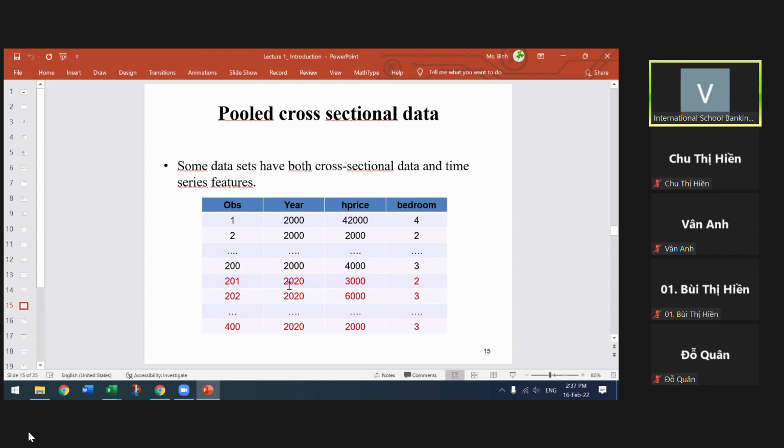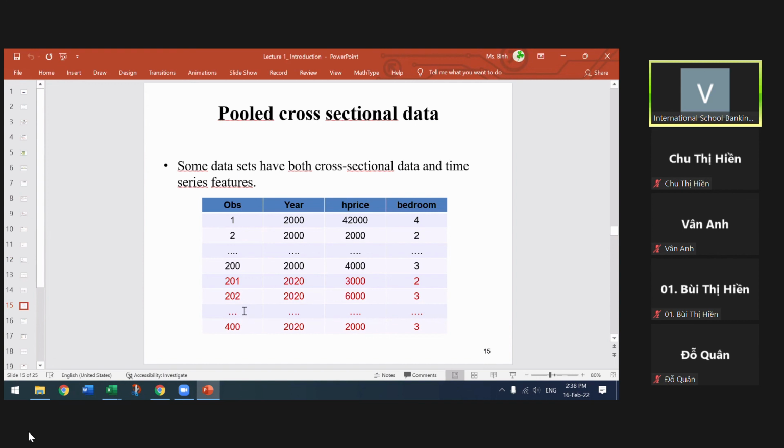And 20 years later, in 2020, we made another survey on a sample of 200 houses, on the same information. These 200 houses in 2020 don't need to be the same as the 200 houses in 2000.